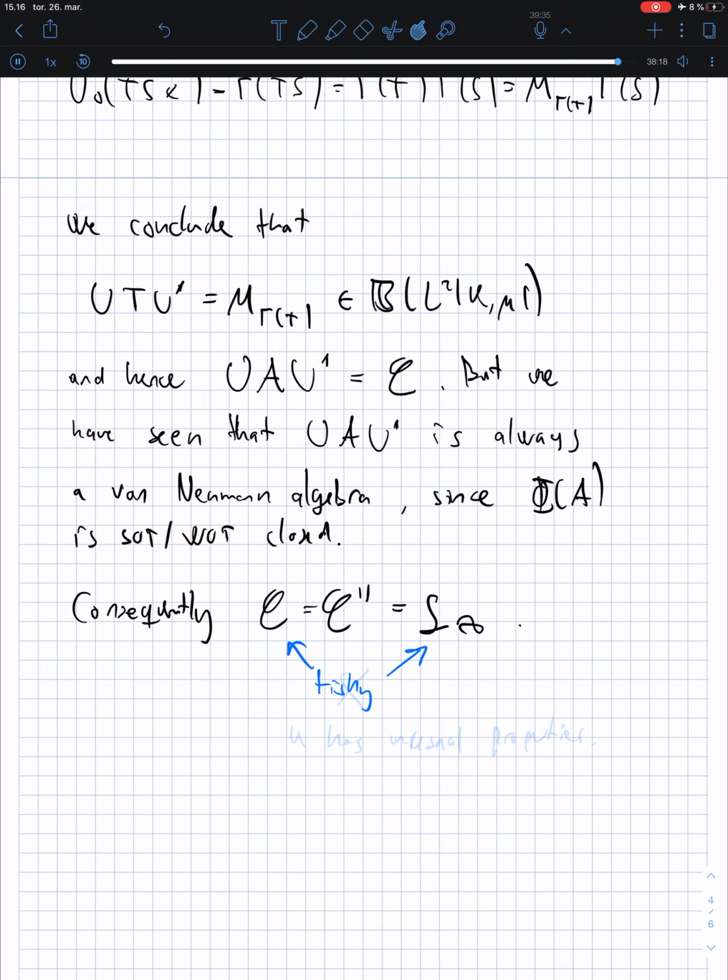And this is somehow inherent in the approach, because I made K as the maximal ideal space that comes from a von Neumann algebra, and because a von Neumann algebra has many projections, the topological space that I'm creating will have many open closed sets. So it's going to be a very disconnected set. So when I'm saying this is fishy, maybe that's a wrong way of saying it. It just says that K has unusual properties.